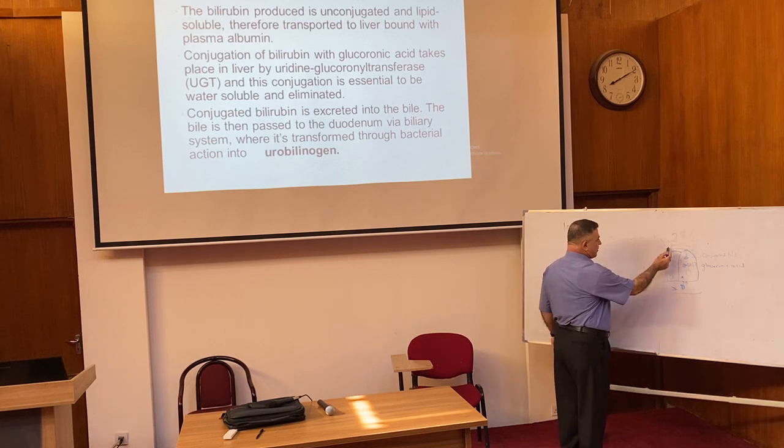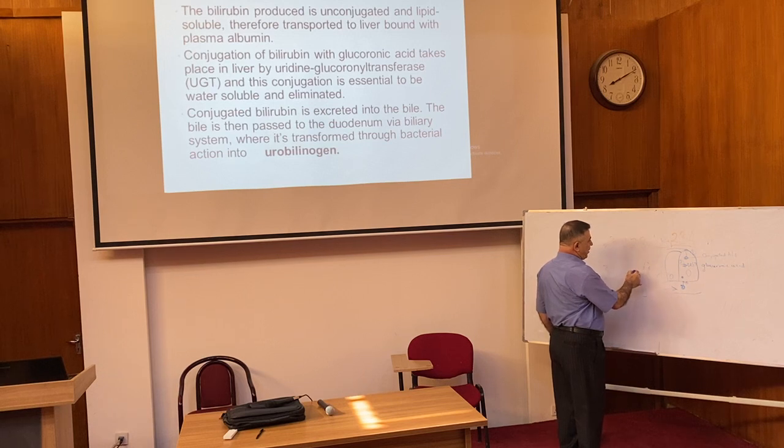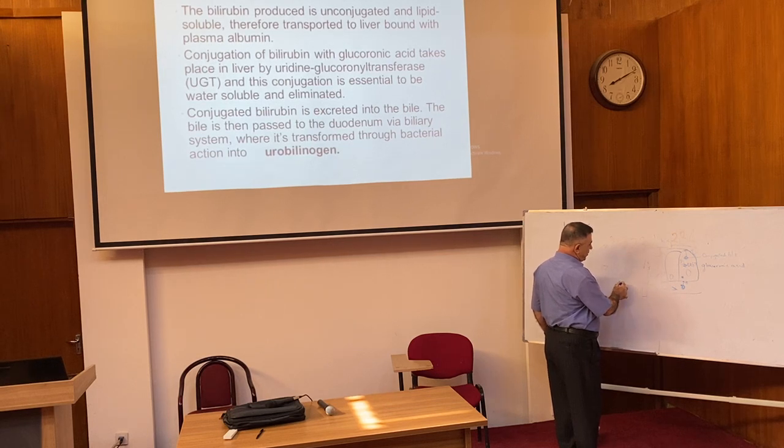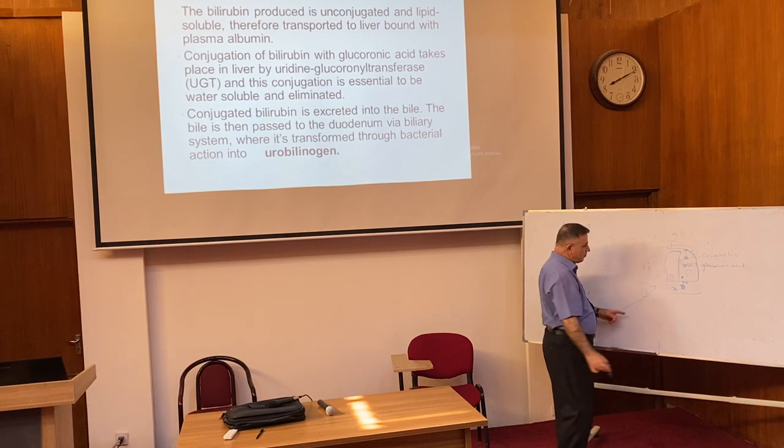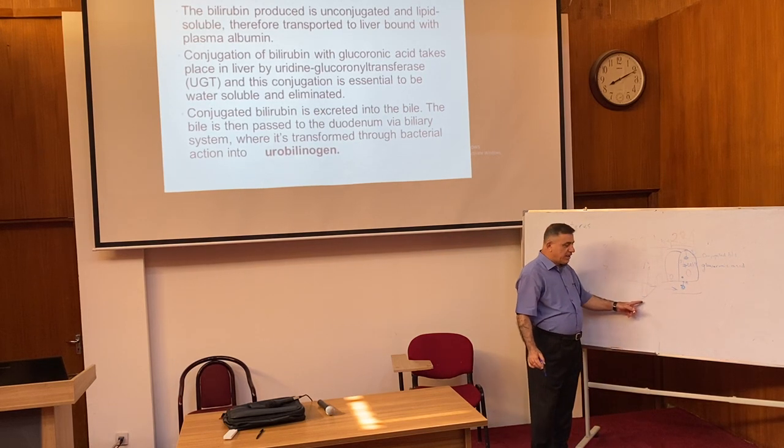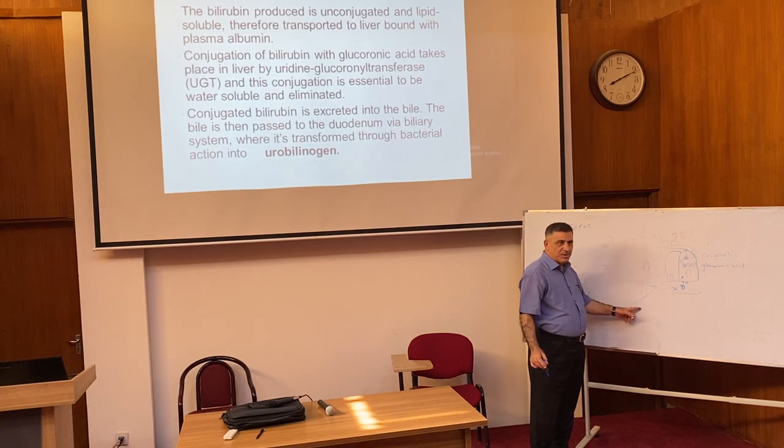They are excreted to the portal tract. From the portal tract, if we imagine that this is the liver, it goes out through the right and left hepatic ducts to the common hepatic duct.